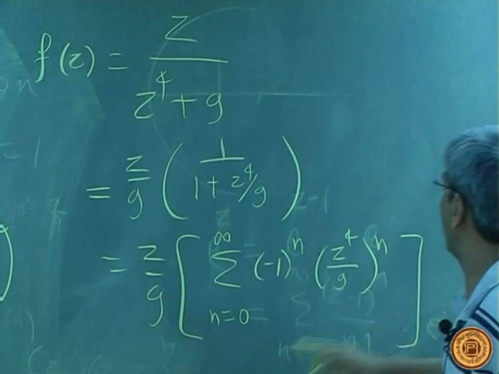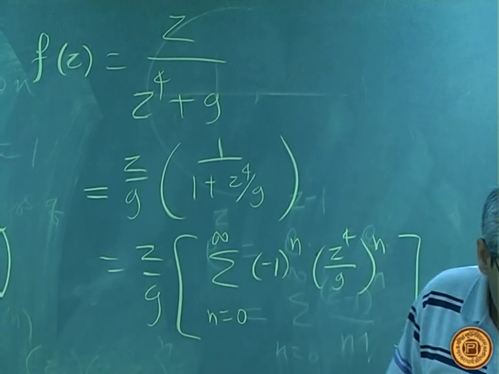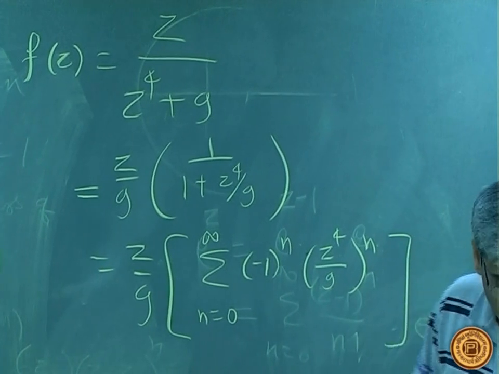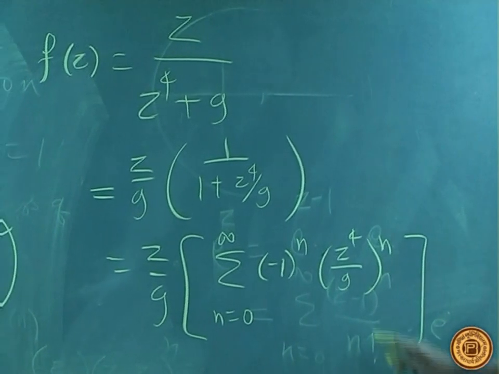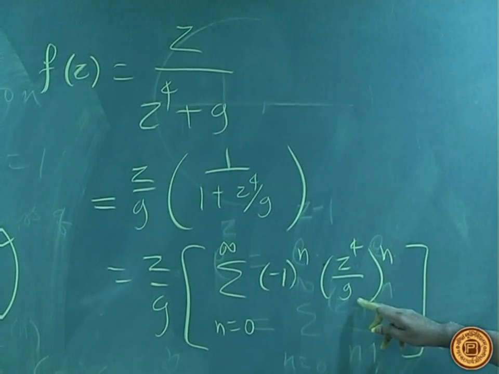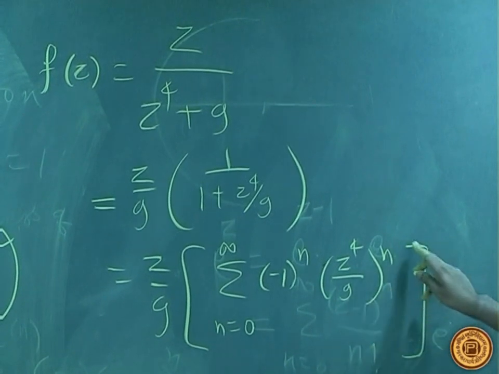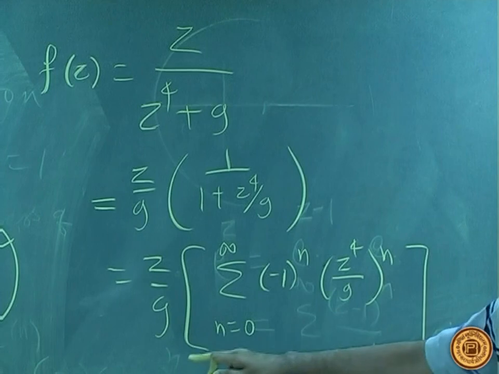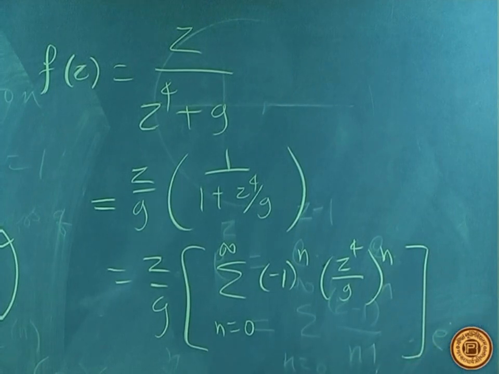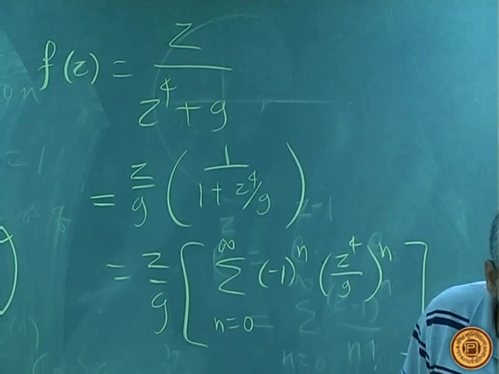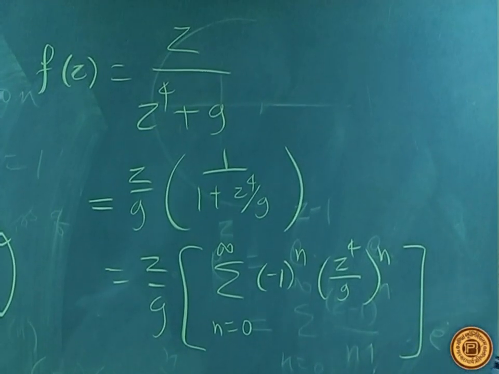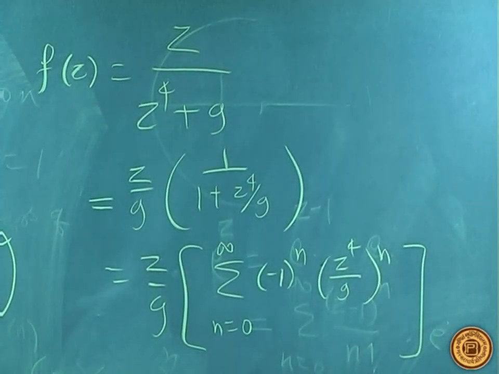So we will get z power 4n plus 1 divided by 9 raised to n into 9, that is 9 raised to n plus 1.